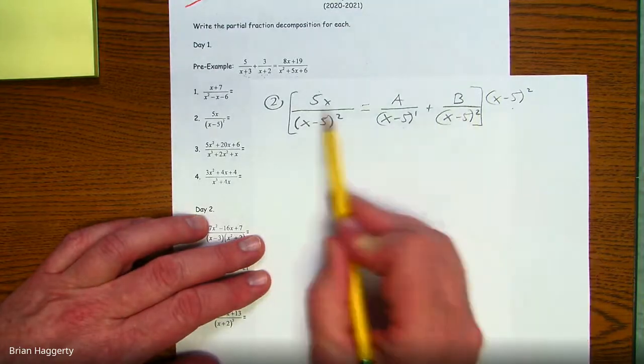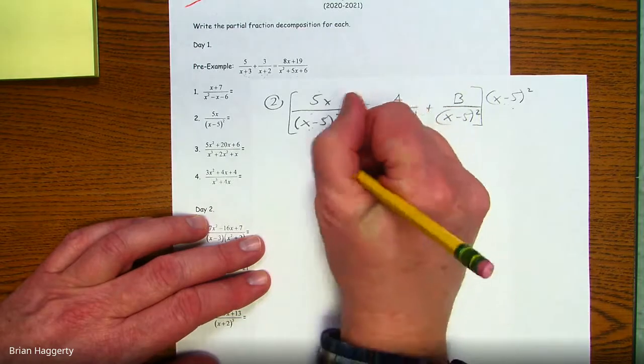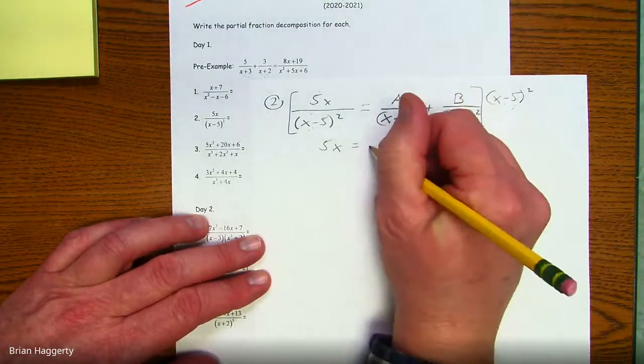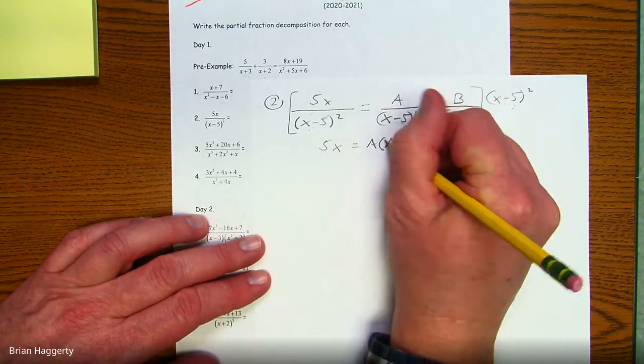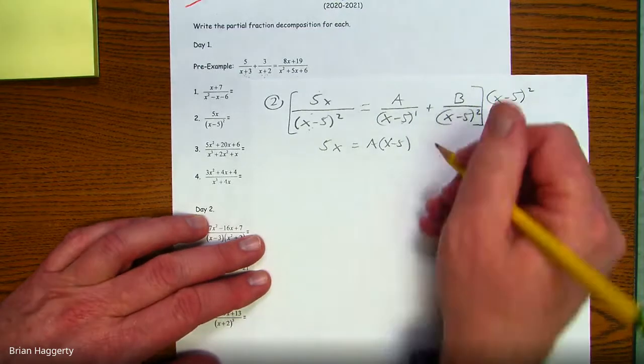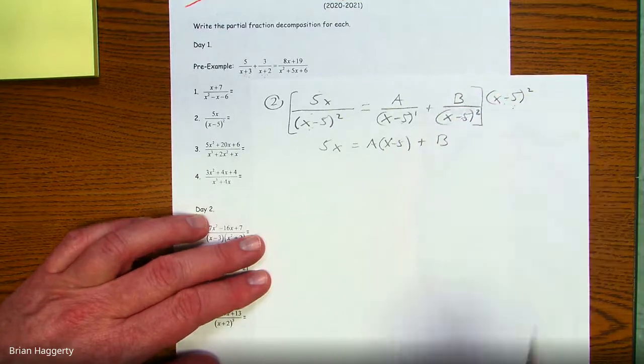So this times the far left, the x minus 5 to the second power cancel. For the middle fraction, that cancels with one of those, and it leaves you an a, x minus 5. And then for the far right, the x minus 5 quantity squares cancel, and it leaves us this.